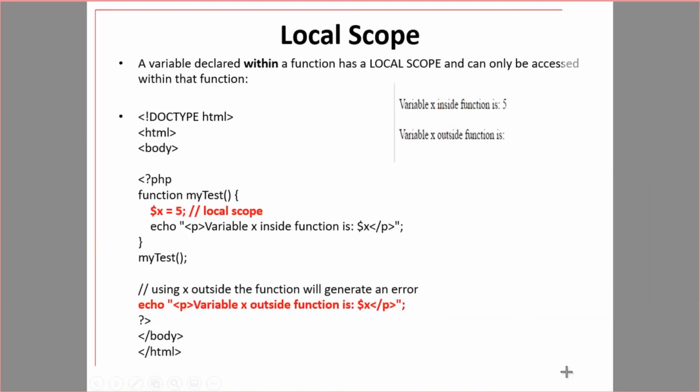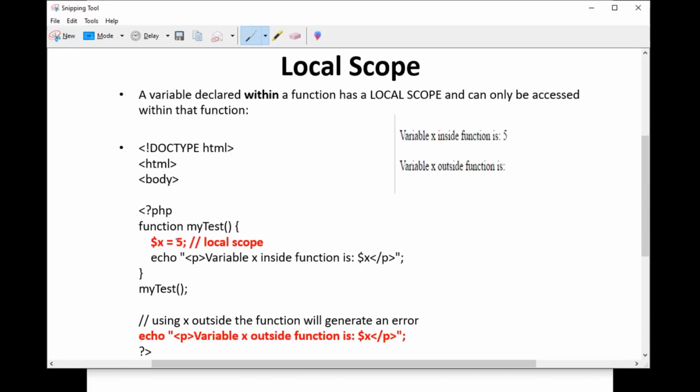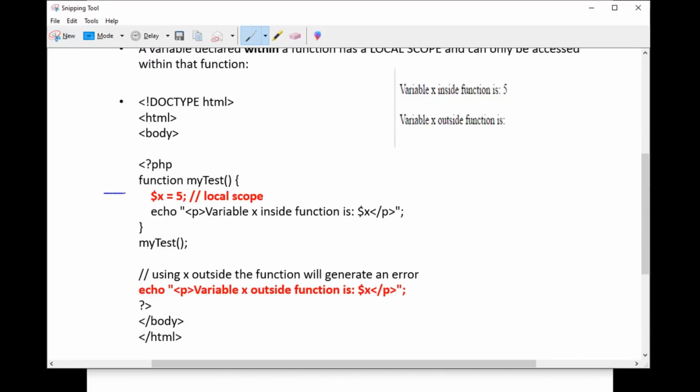For example, in this program you have x equals 5. Now x is declared inside the function definition. This is the name of the function. So x is in the local scope.